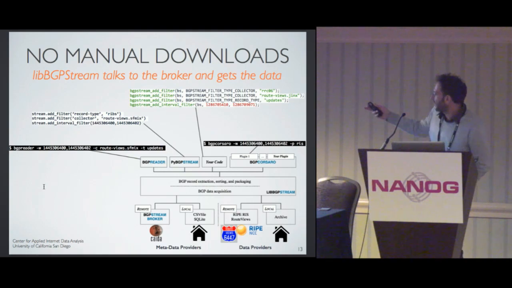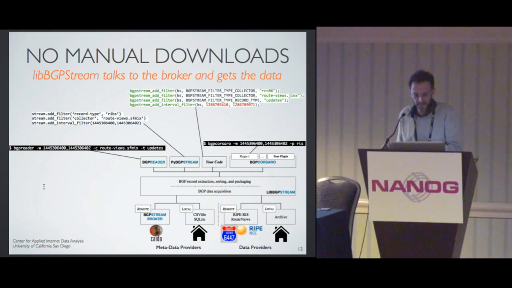For example, on the left, there is the command line of BGP reader. With the -w option, you specify the time interval that you're interested in. With the -c option, you specify which collector you want to get data from. In this case, it's routeviews.sfmix. And the -t indicates that you just want to process update dumps, for example.